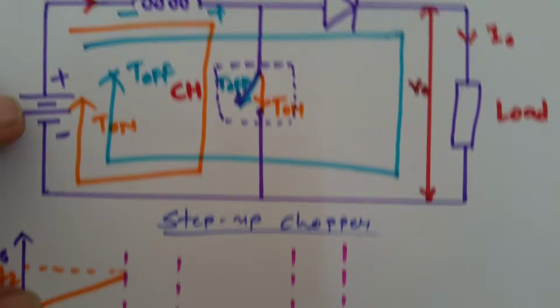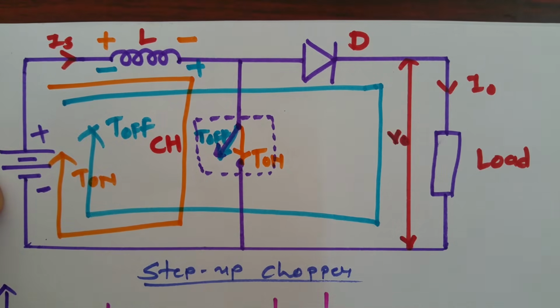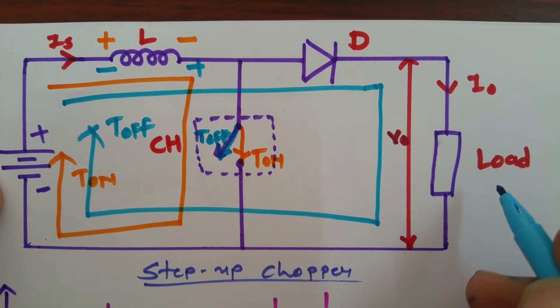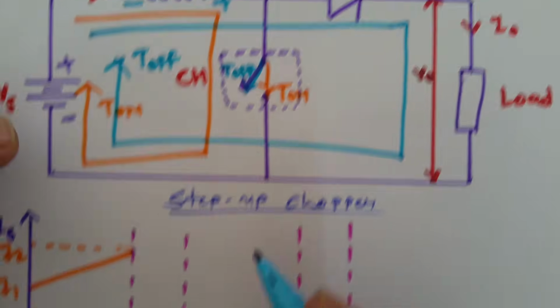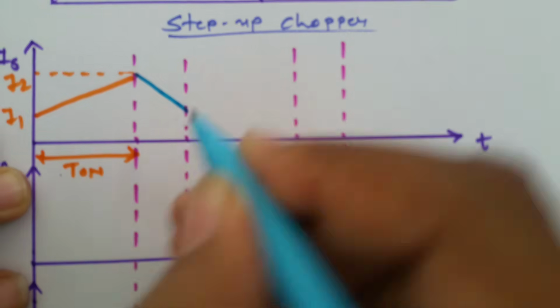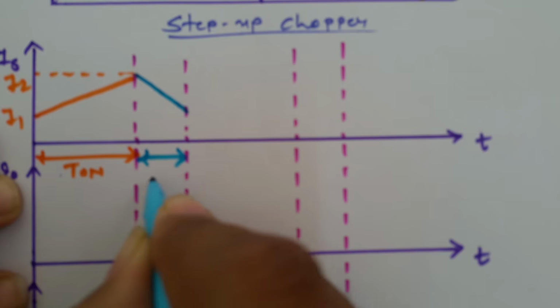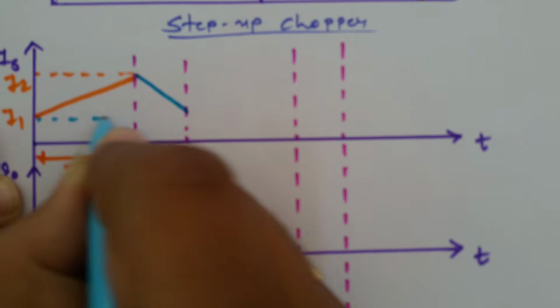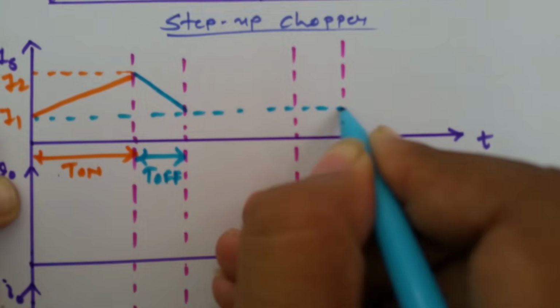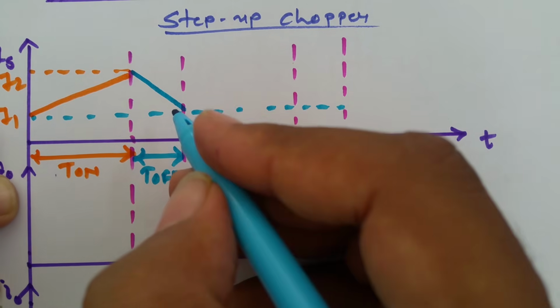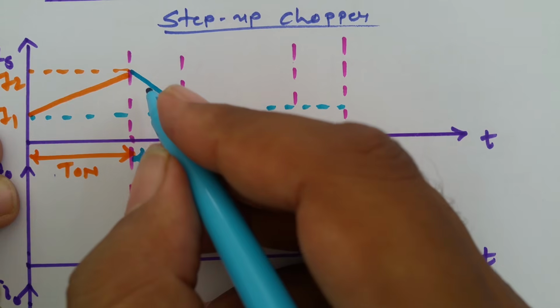And when this switch is off, inductor is releasing energy to the load and current will decrease from I2 to I1. So during T off, inductor will release current to the load and it will decrease up to I1.